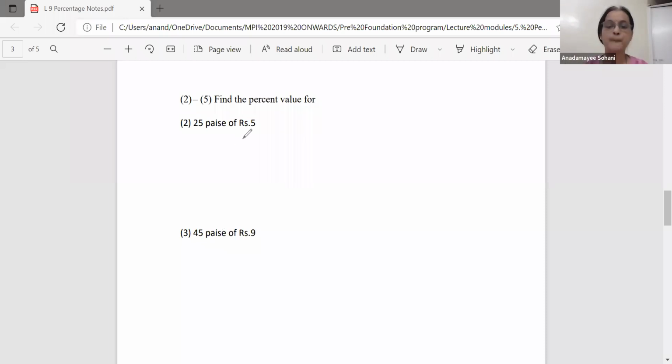Now one more way of doing this question I'm going to tell you. Look very carefully at what I'm saying. 25 paise is how much of 500 paise? What is 500 paise? 100 into 5.